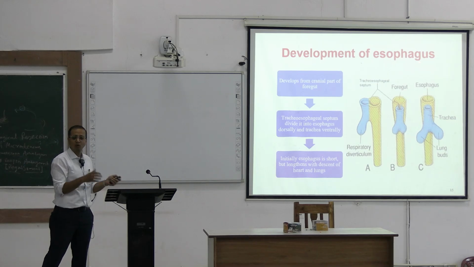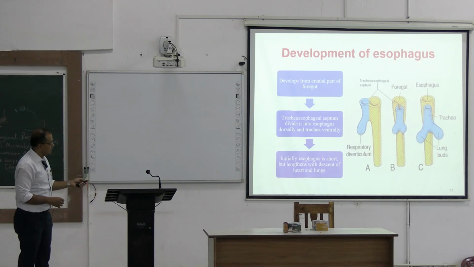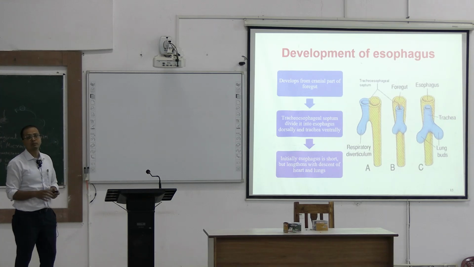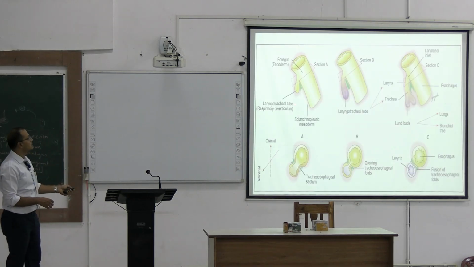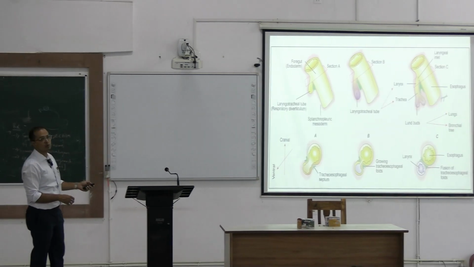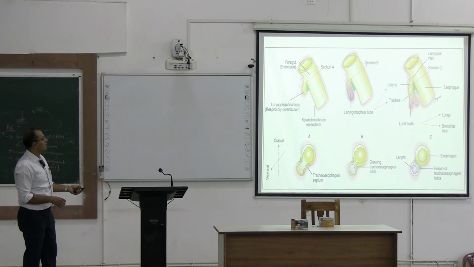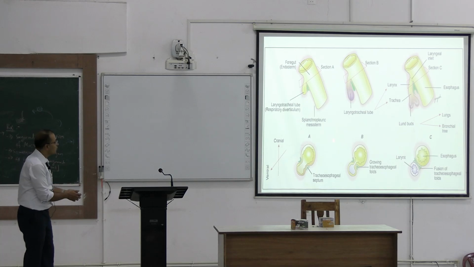So this primitive foregut tube develops into the esophagus, and the anterior wall of the esophagus creates a diverticulum. We call it the respiratory diverticulum. So this respiratory diverticulum bulges out and creates a cleft between them. This particular cleft, as you see there, has its highest end attachment, and the lower part of this foregut tube with the respiratory diverticulum is separated out by mesenchymal tissue which is growing in.